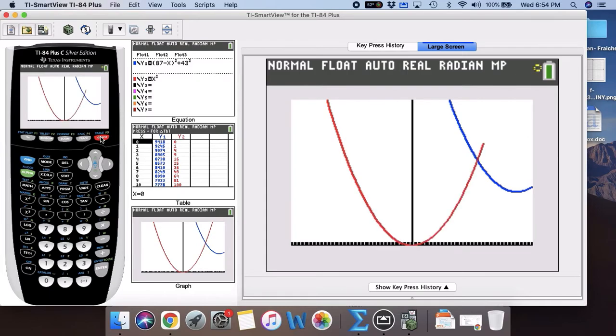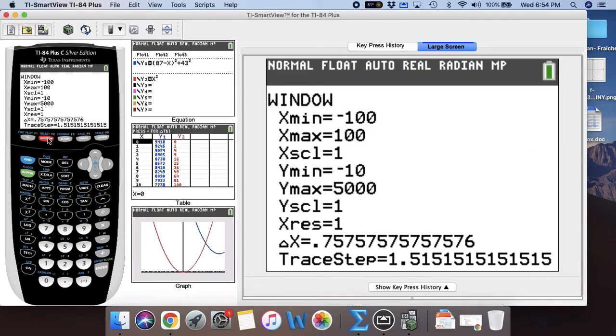This works because I see this nice positive intersection right there, which tells me that one looks good. It makes sense that it's positive. We're not going to have a length of a triangle being negative. So we need to find that intersection. This is the window that I used: negative 100, positive 101, negative 10, positive 5,000, up to 1.